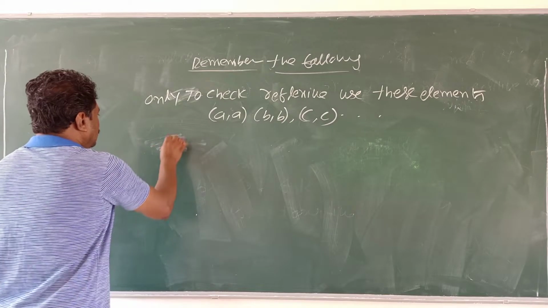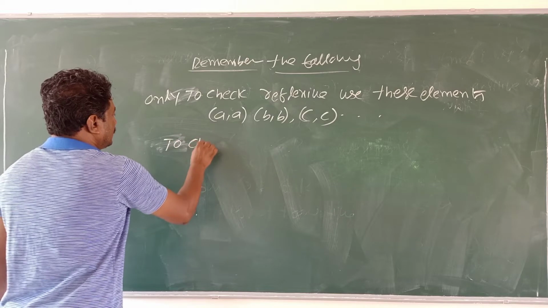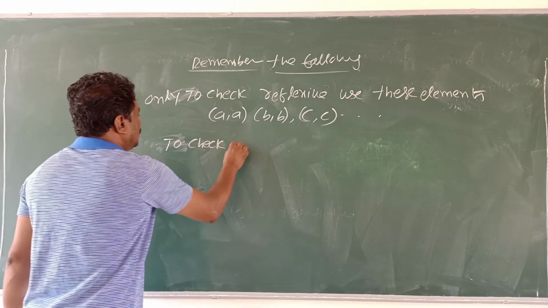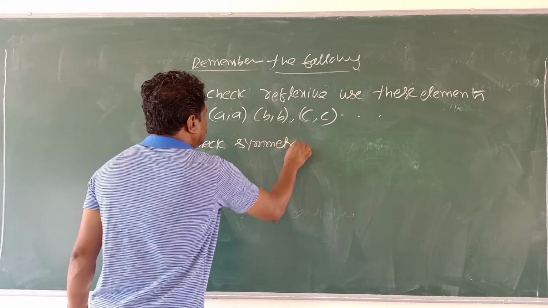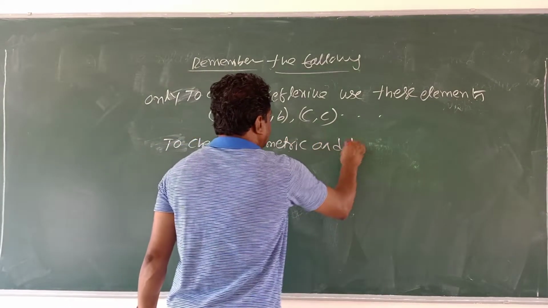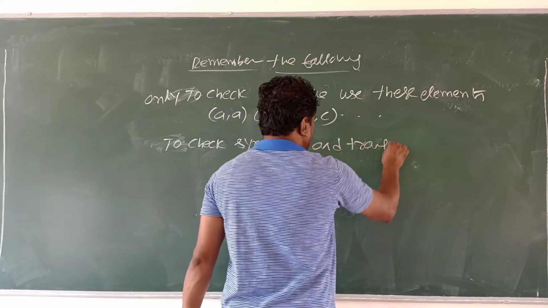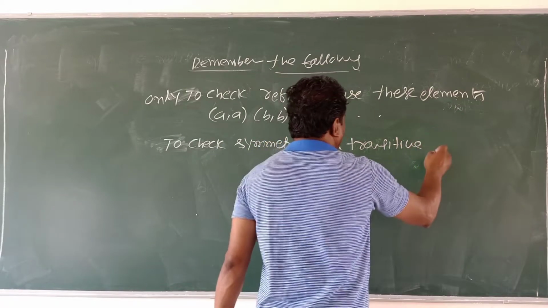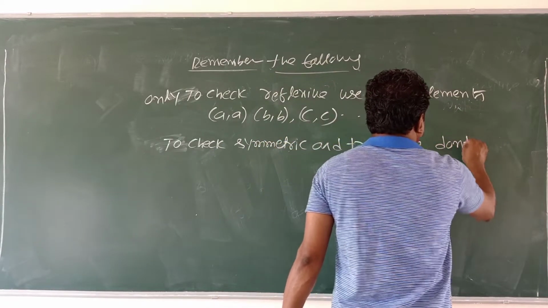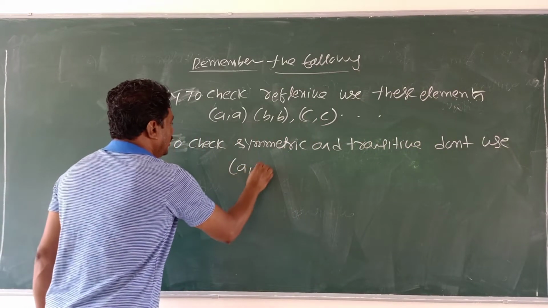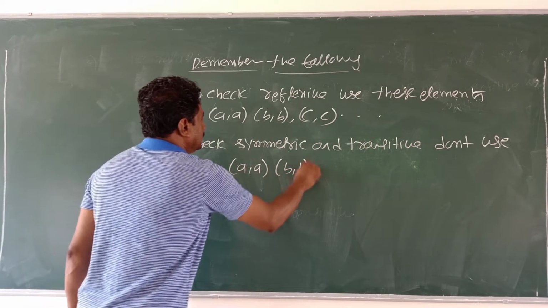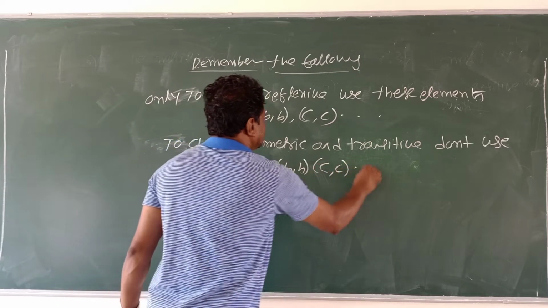To check symmetric and transitive, don't use (a,a), (b,b), (c,c) and so on.